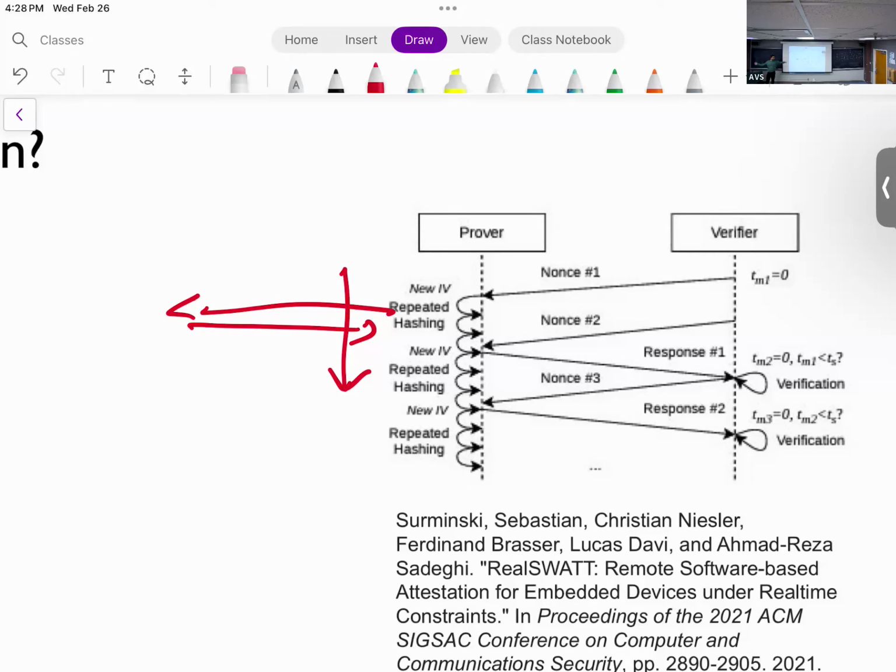So there will be a huge downtime for your prover, which may not be a good thing for many systems. For example, think about a real-time system that also needs to take care of some other stuff, and then you're keeping it busy for the attestation. So basically the device itself is out of commission for a very long time, which is not great either.